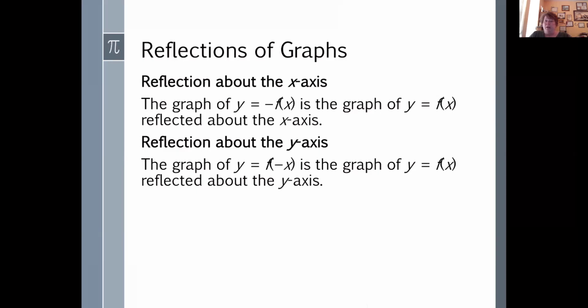What have we done? The first one, a reflection about the x-axis, we took the entire function f and multiplied it by a negative. So we multiply the output by a negative. The reflection about the y-axis, what have we done? We've multiplied the input by a negative. So if we multiply the output by a negative, that is a reflection about the x. If we multiply the input, x, by a negative, that's a reflection about the y.